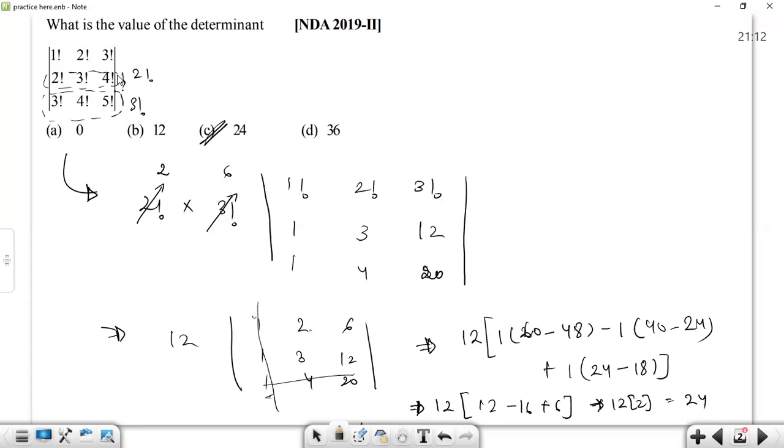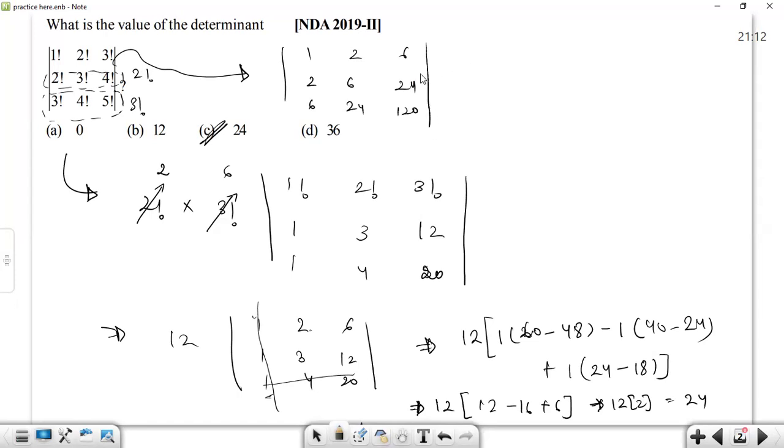So why exactly have we taken common from the second and third rows? The reason is to simplify the further calculation of the determinant. Otherwise, if we were to expand the factorials directly, we would get 1, 2, 6, then 2 factorial is 2, 3 factorial is 6, 4 factorial is 24, and 24 into 5 is 120.